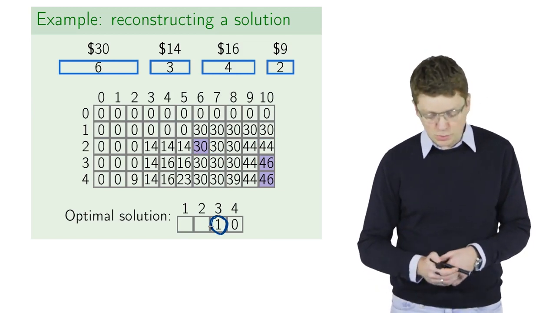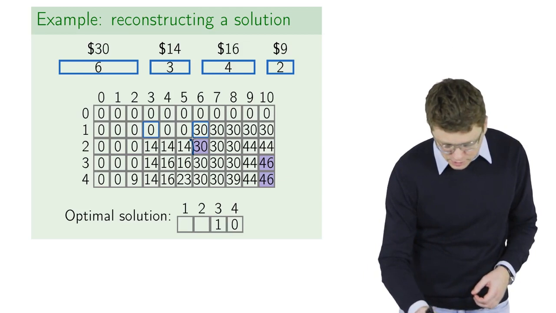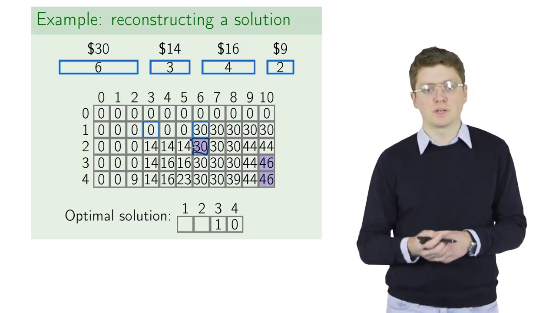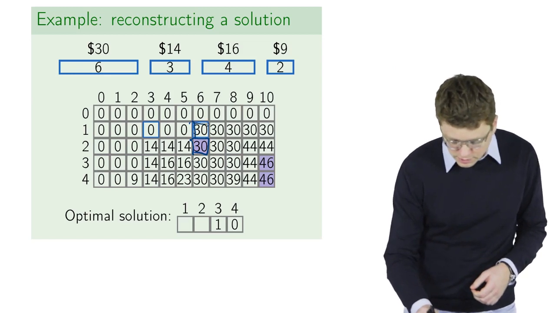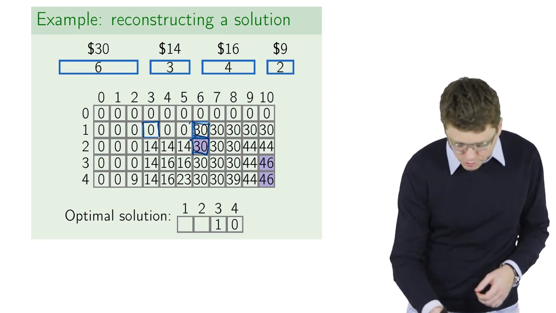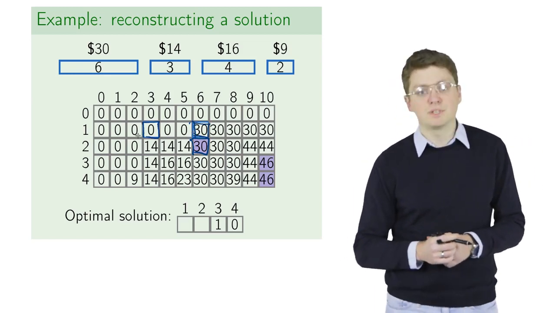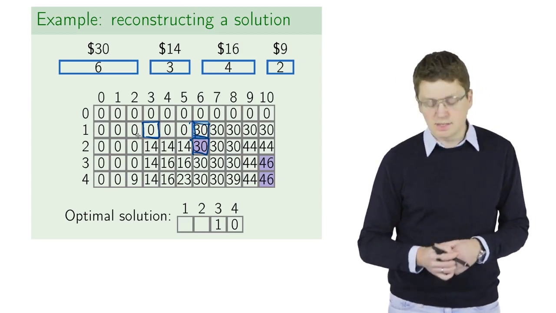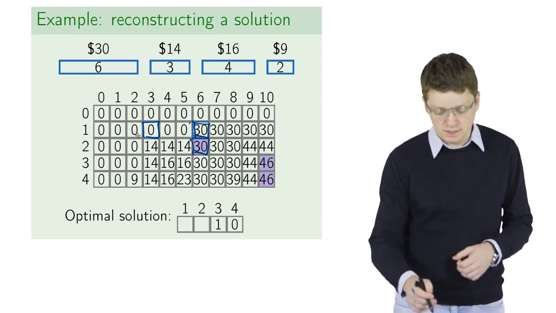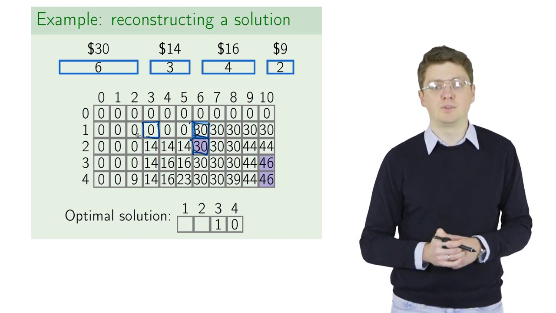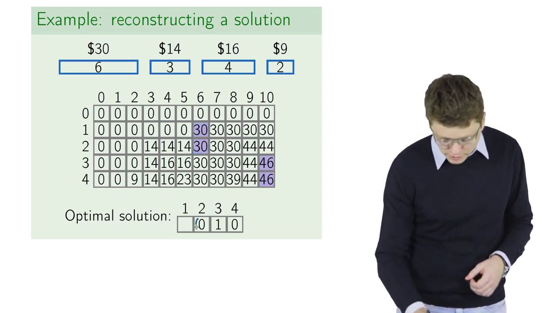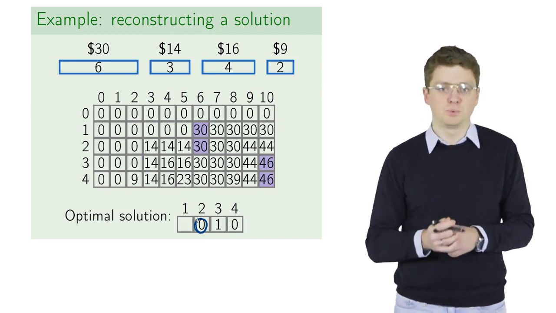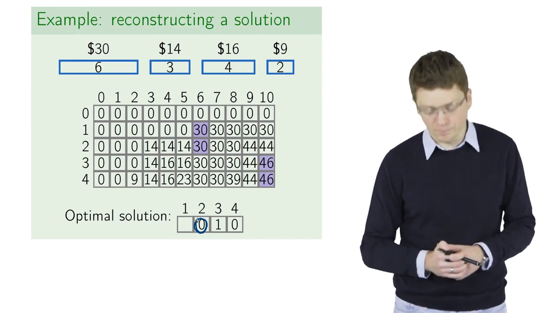Now we stay in this cell and we try to understand how it was computed. It was computed as the maximum over this 30 and this 0 plus 14, right? In this case, the first value is larger, so we move to this cell and we mark that we decided not to use the second item.